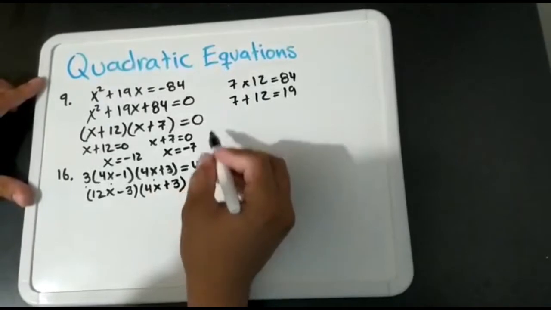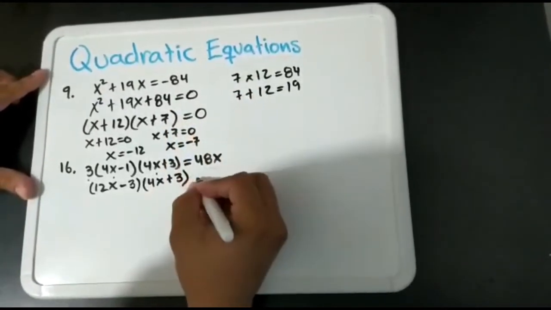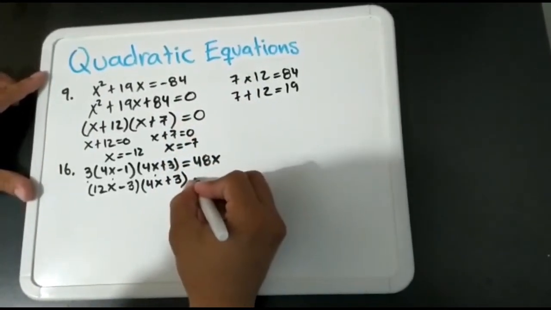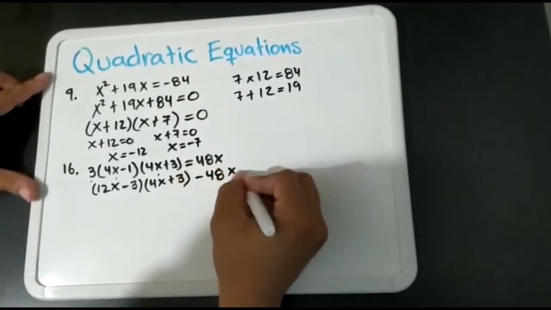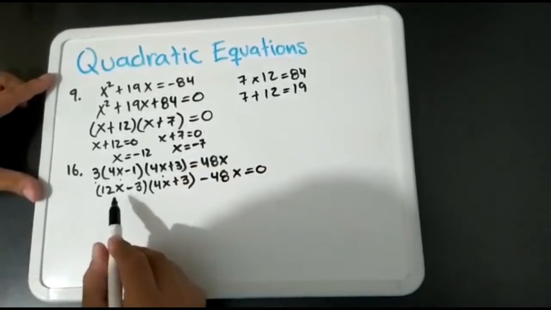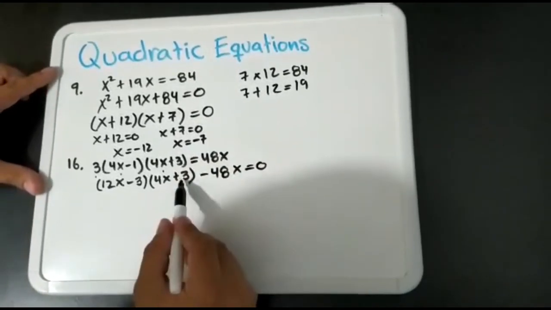Then if we want, we can equal everything to 0 as in the other exercise, putting the minus 48 in this place, changing the sign to the contrary operation, equals 0. Then we need to multiply these two parentheses.